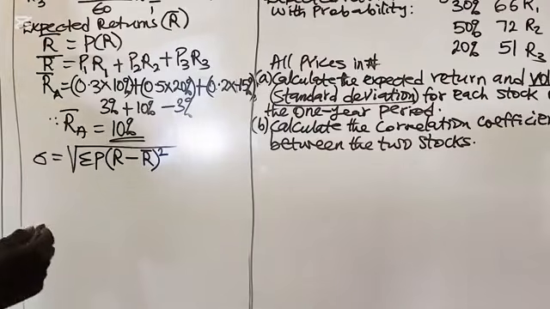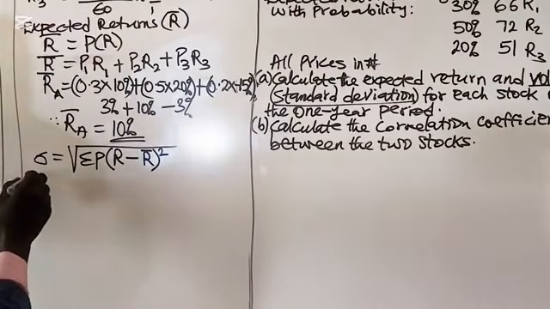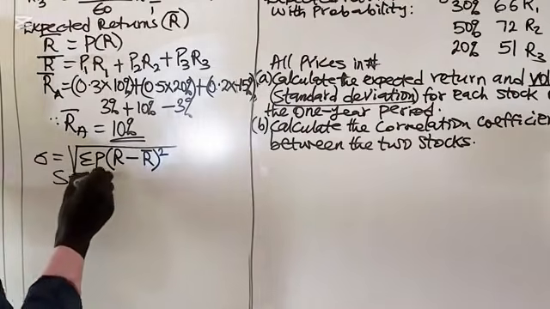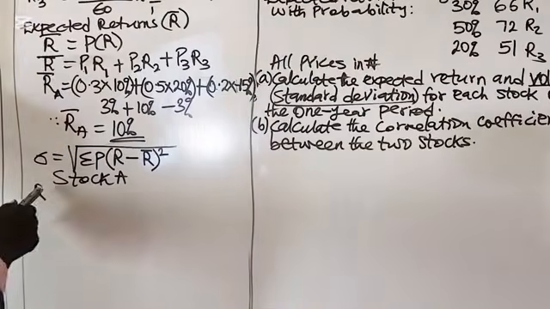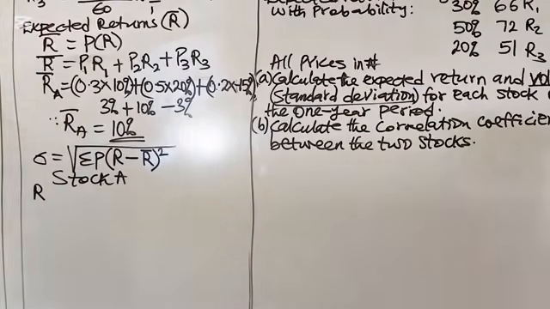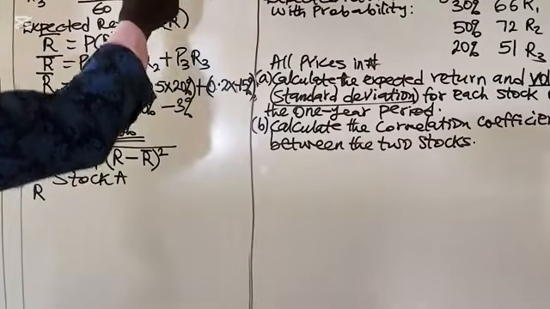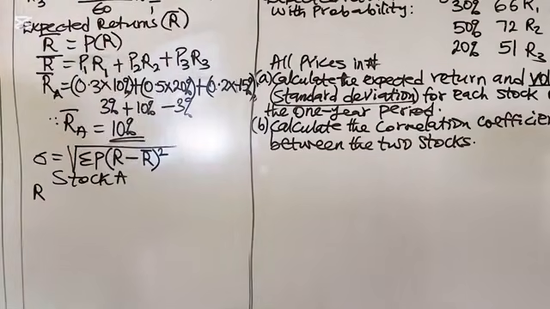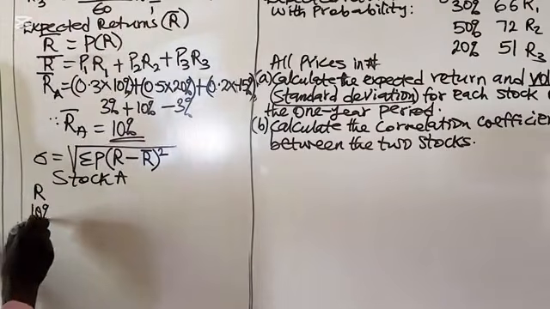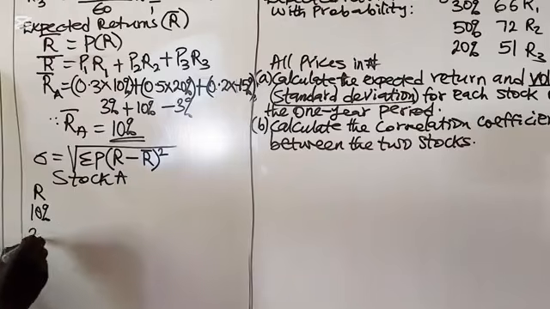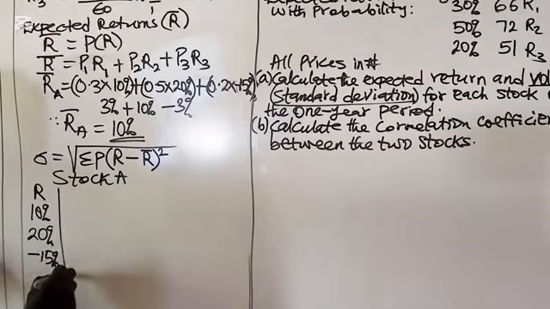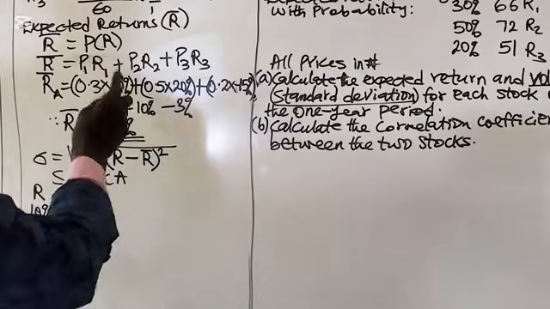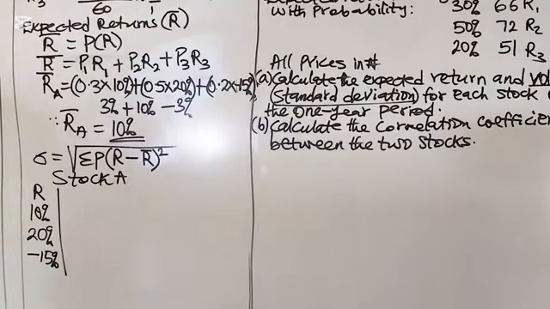Now we have the returns for stock A. The returns, which is R, from stock A are 10%, 20%, and minus 15%. And those were the returns used here, 10%, 20%, minus 15%.